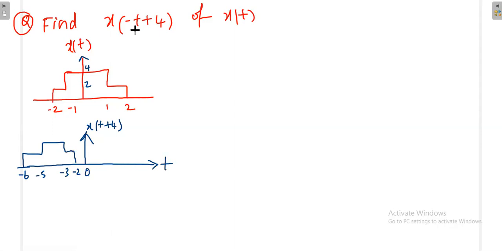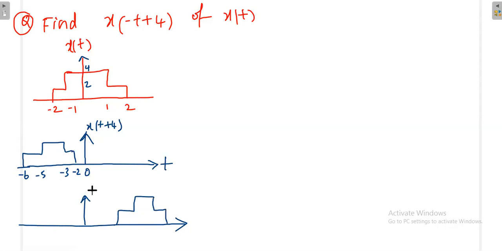Next, I'm going to apply the time reversal. This time reversal is like a mirror image with respect to the y-axis. Once I apply the time reversal, the mirror image will go to this side. Again, this is a symmetric one, so simply this diagram goes to this side, and then you may get this pattern.